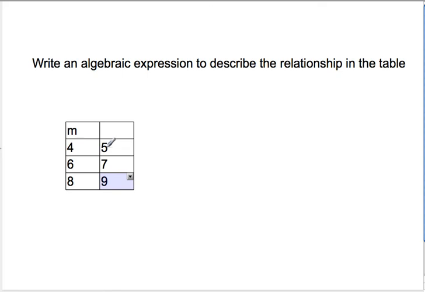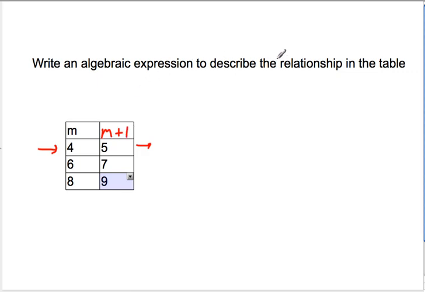It's kind of like the mystery box where you feed in a number, so in comes the 4, and then out comes a 5, right? In goes a 6, out comes a 7, in goes an 8, out goes a 9. So in that mystery box, what is happening? This one might be kind of easy. The mystery box is just adding 1.